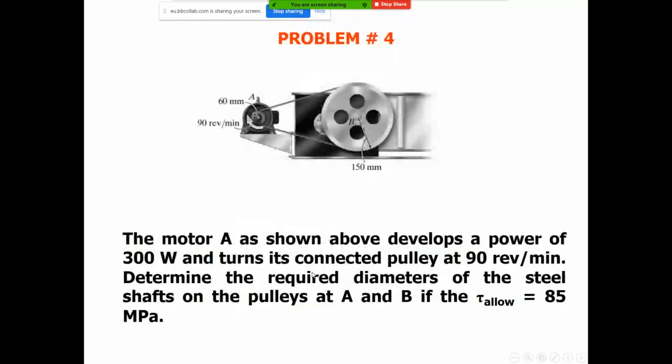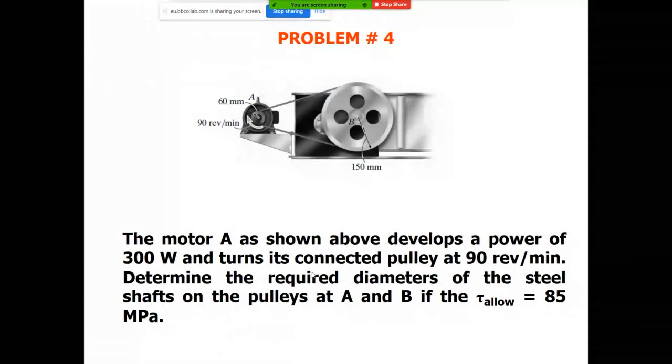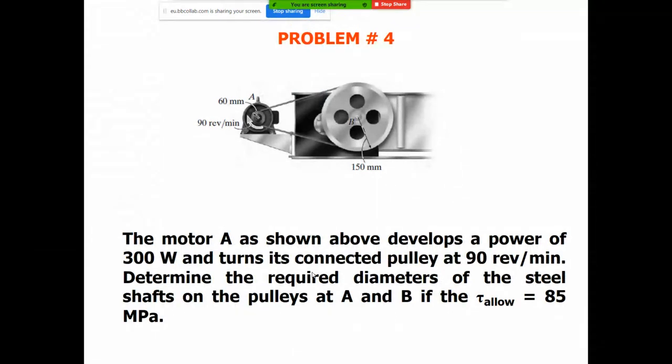Right. Now coming to another trick problem, and in this problem I will highlight a certain trick. You have to keep it in your mind. If you get a problem like that, you have to keep it in your mind.